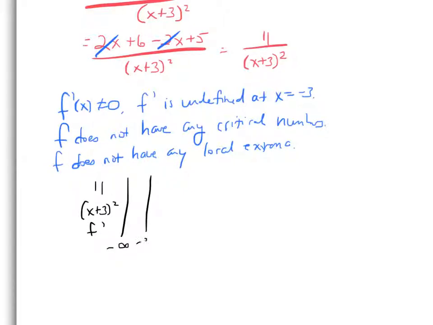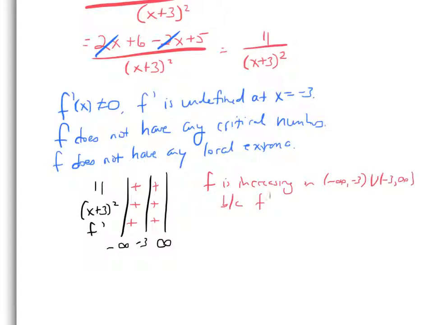So negative infinity to negative 3 to positive infinity. This is always positive, this is always positive, so f prime is always positive. So f of x is increasing because f prime is positive.